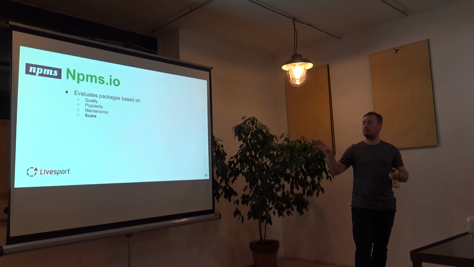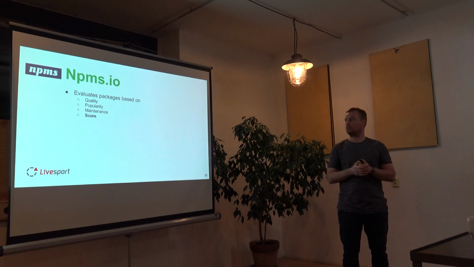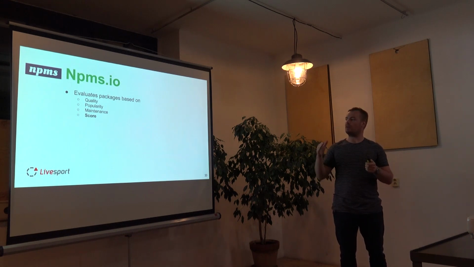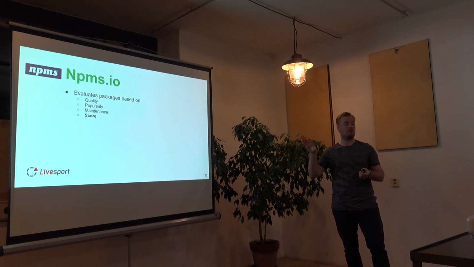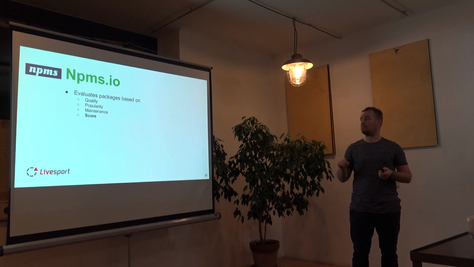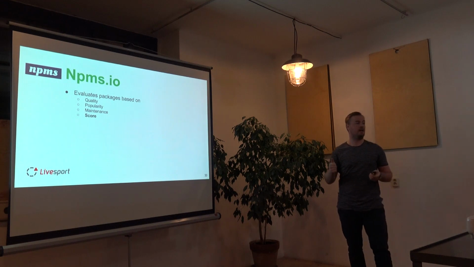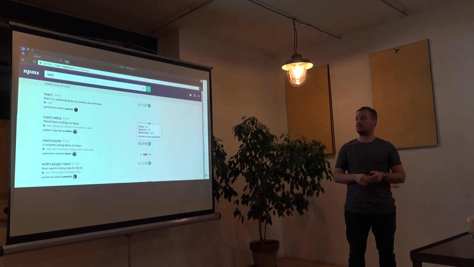Now, how they use these metrics and how they say if this package is popular or so, they all have it on their website, their methodology. For example, the quality of the package can be if they have tests, if they have linters configured, what's their code coverage, and so on. Those parameters are there.